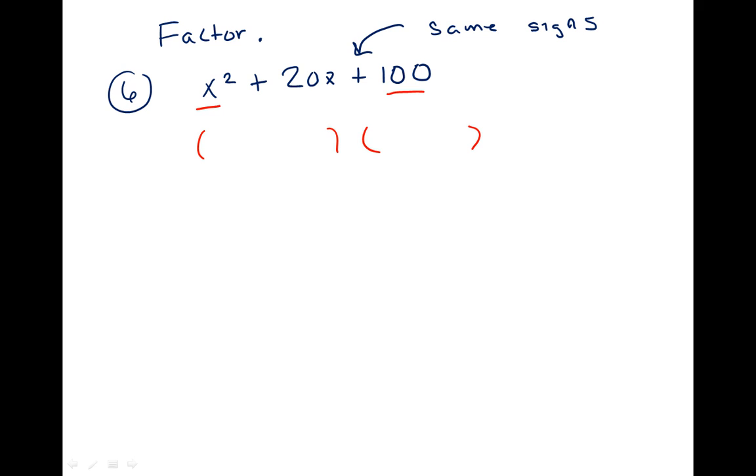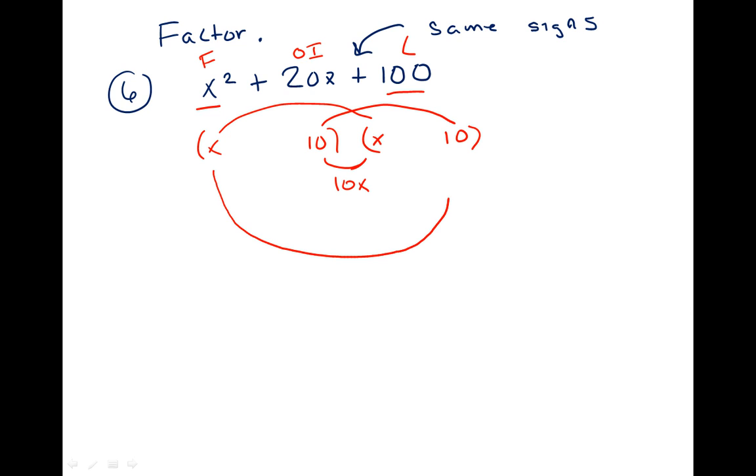Draw your two sets of parentheses. Your F, x times x is x squared. Look at your L. That's a perfect square. 10 times 10 is 100. Your outer and your inner need to add up to 20x. So check your inner. I do my inner and my outer down below, remember. My inner, 10 times x is 10x.